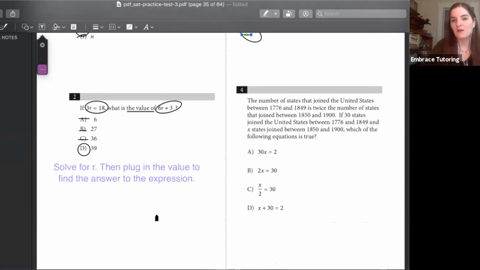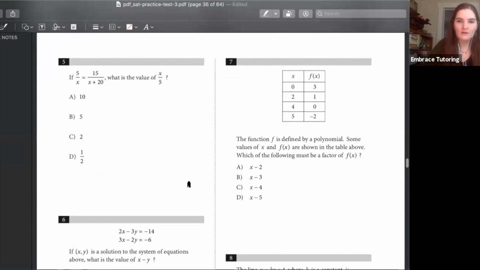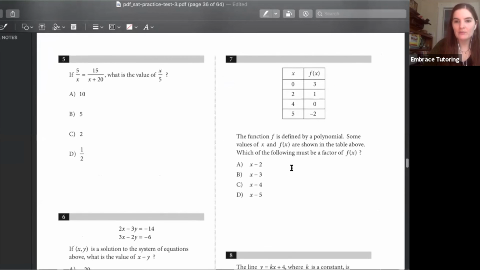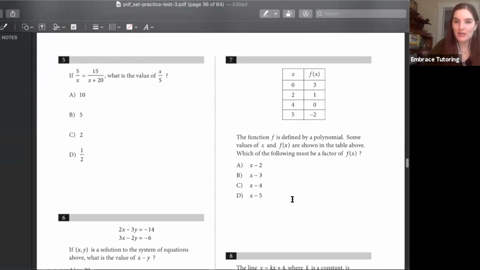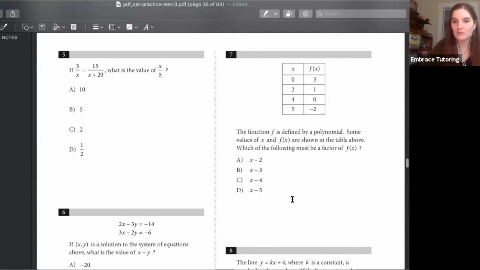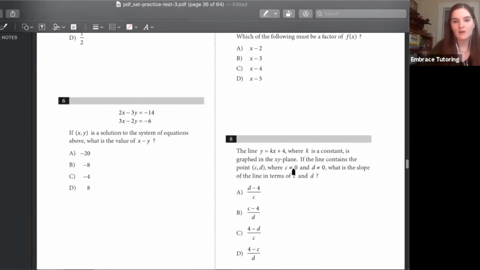Being able to deal with data sets, being able to identify how to deal with coordinate points, functions, and polynomials, knowing what they are, knowing what different shapes are in terms of two-dimensional and three-dimensional shapes and figures, and dealing with basic geometry concepts related to those in terms of area, perimeter, volume, or circumference.